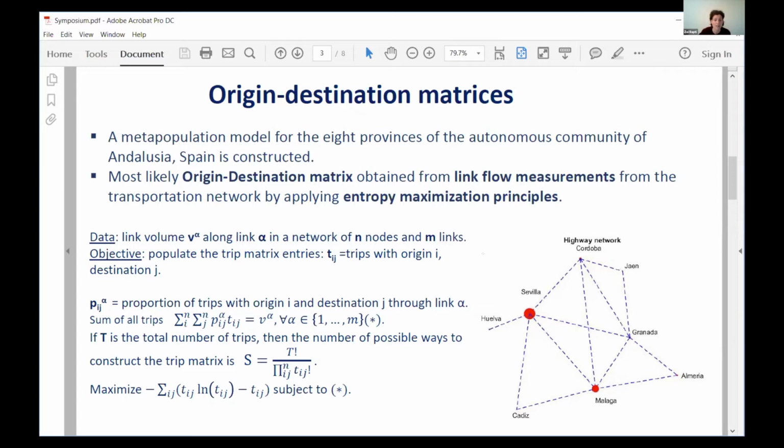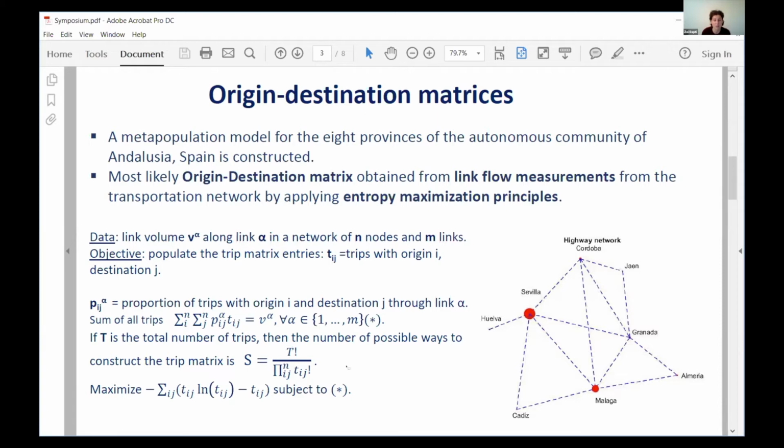So we know that the sum of all trips has to be preserved along a link, and that's what we're showing in this equation here. And so what the method of entropy maximization is: if T is the total number of trips, then all the possible number of ways to construct the matrix is given by this formula here.